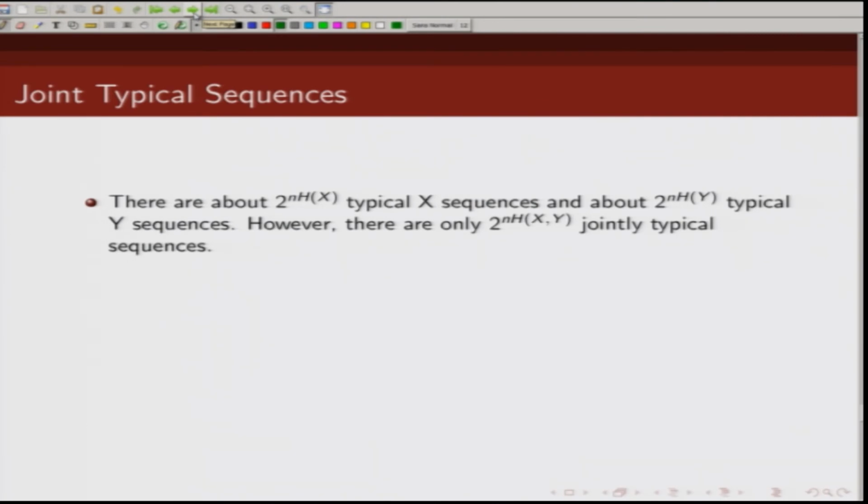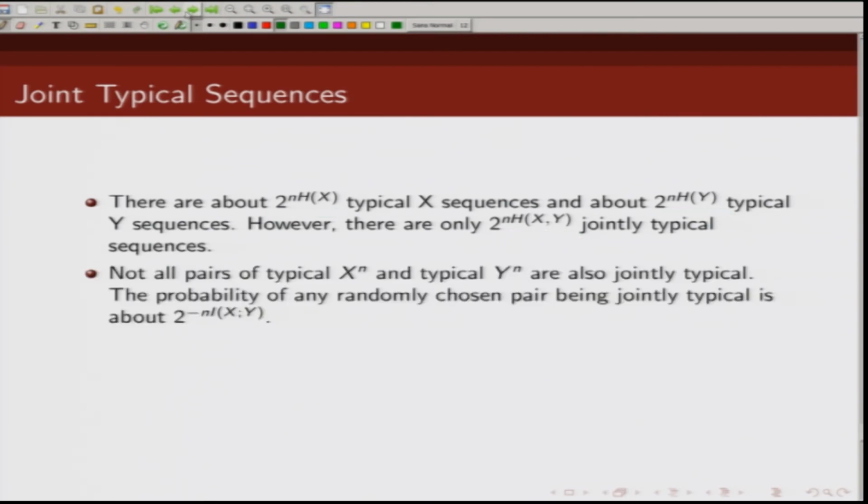So what we have seen so far is that we have this many typical x sequences and this many typical y sequences. However, there are only 2 raised to the power n times the joint entropy of x and y jointly typical sequences. So if we independently pick a typical sequence from x and a typical sequence from y, they will not necessarily be jointly typical.